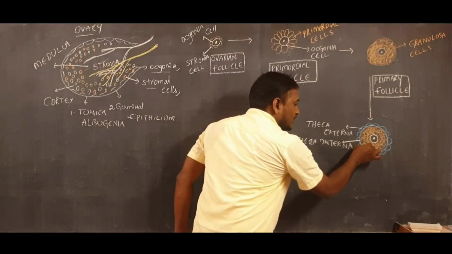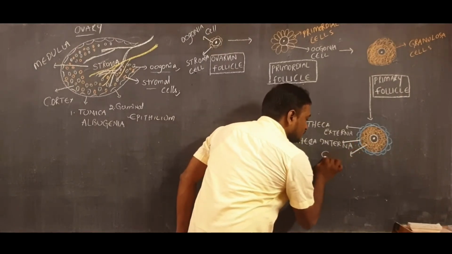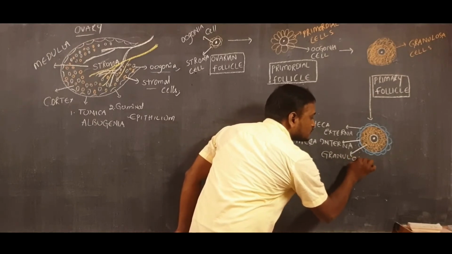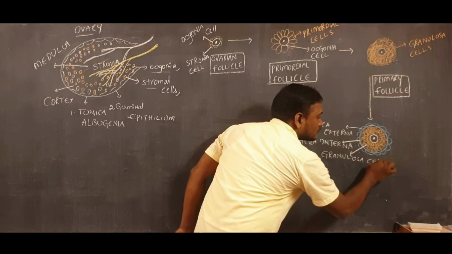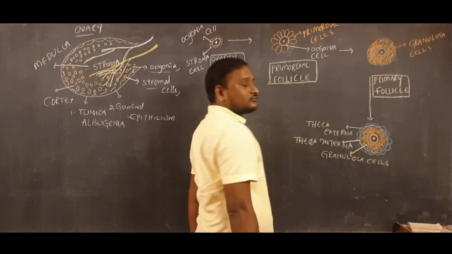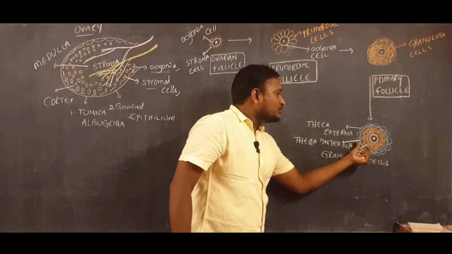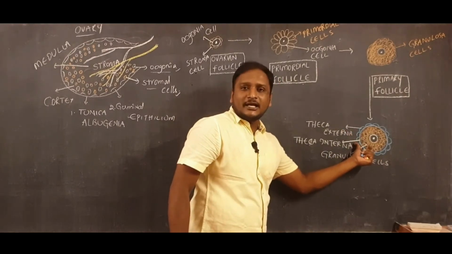And these cells are granulosa cells. So, granulosa cells are producing theca externa and theca interna layers.